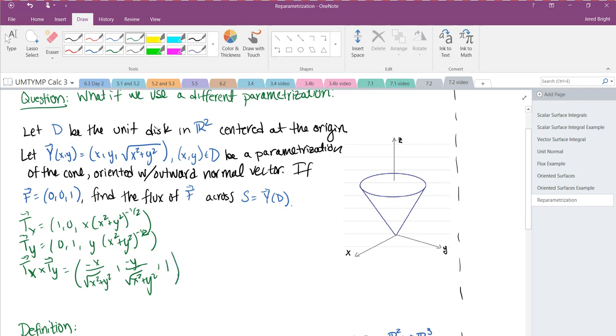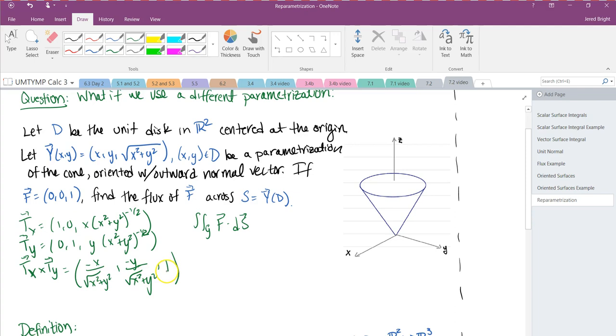This is nasty, but then when we look at the flux, so the double integral over D of F dot dS. Okay, so F is just this, and then we have to dot it with the normal vector, right? When we dot that, the first two components would be eliminated.